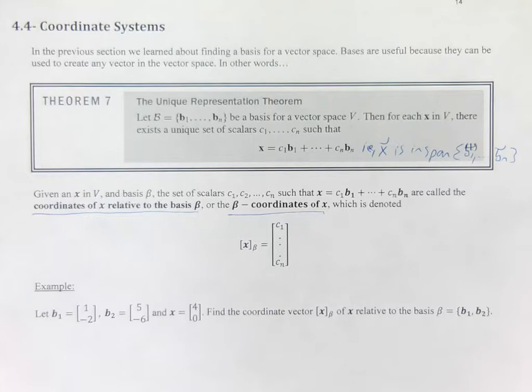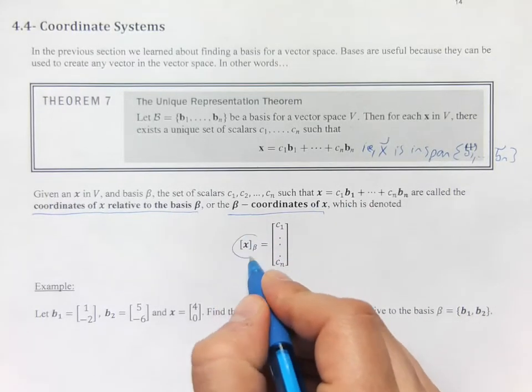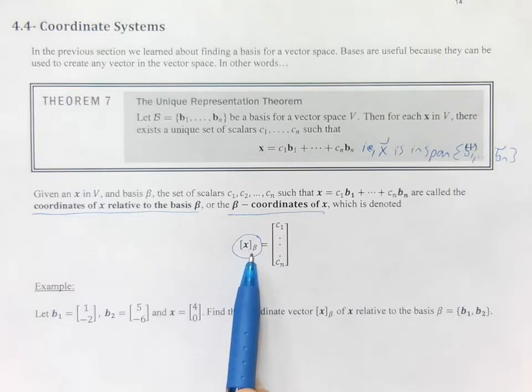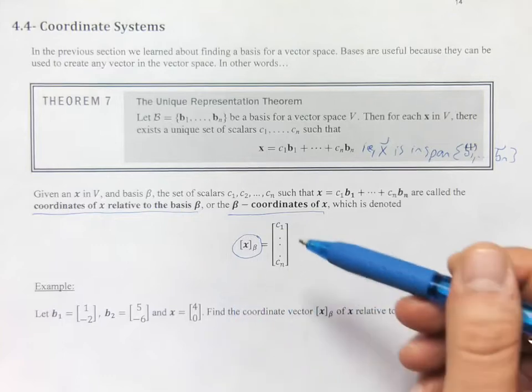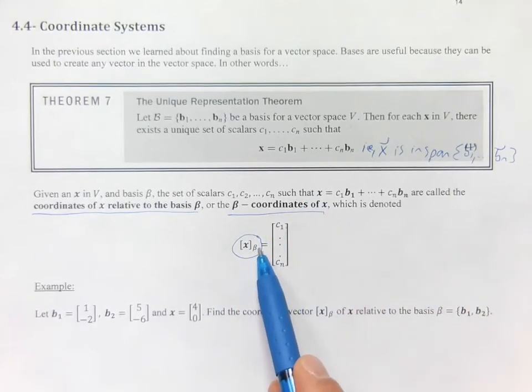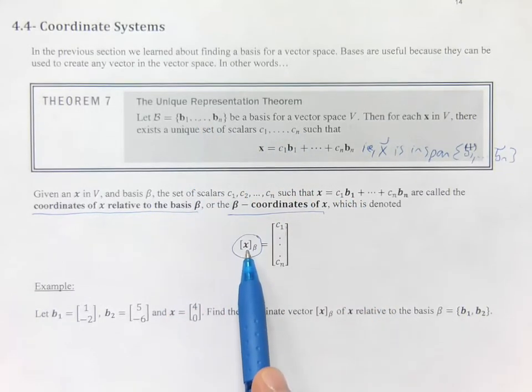You can see the notation right here, where the specific element x is inside. It's saying that for a specific element in the vector space, with respect to that specific basis, these are the constants you would use to add up these basis elements, the b's, to get x.